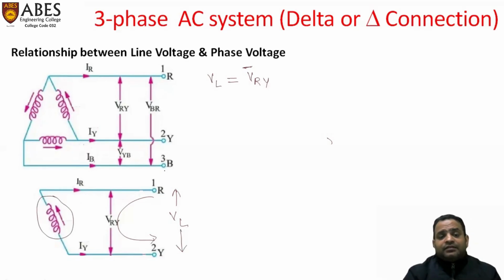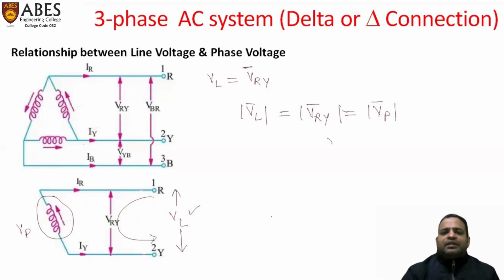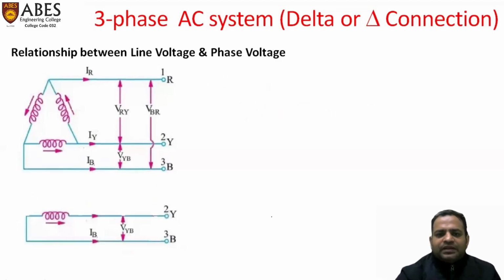In star, we are taking two phases to make a line, but in delta, this VL and this VP both are equal. So here our line voltage VL is equal to VRY, which is also VP. So our line voltage is equal to VP.